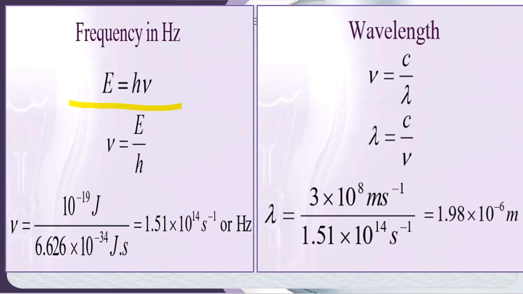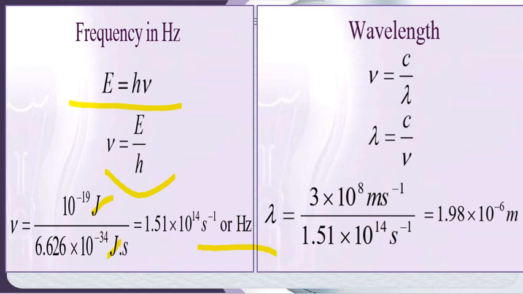Rearrange this equation to find frequency by arranging it as frequency is equal to E by h, where h is the Planck's constant having value 6.626 into 10 to the minus 34 joules second. After solving this, you will get the answer 1.51 into 10 to the power 14 per second, as the joule will also be cancelled out, right? Or you can also call it hertz, right?